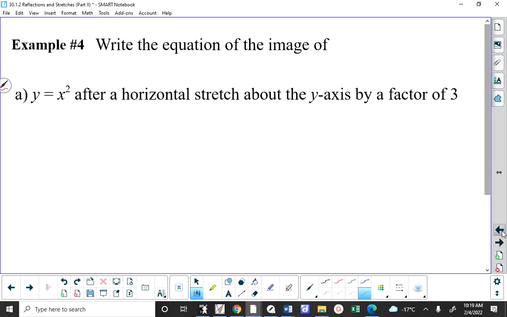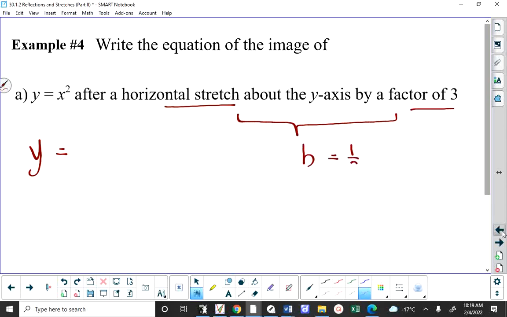Okay, write the equation of the image of y equals x squared after a horizontal stretch by a factor of 3. So B is a third, which means the function is y equals f of a third x.